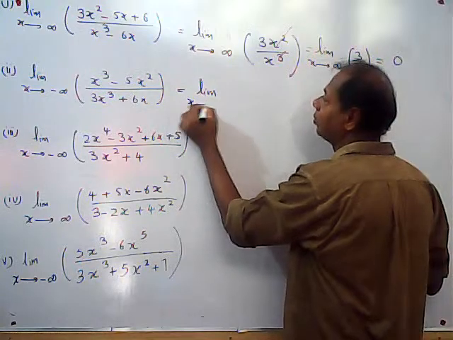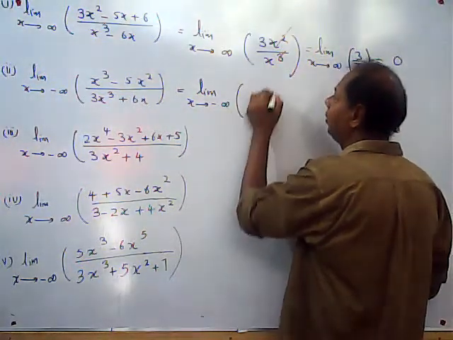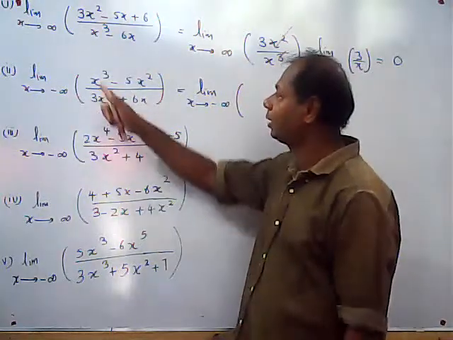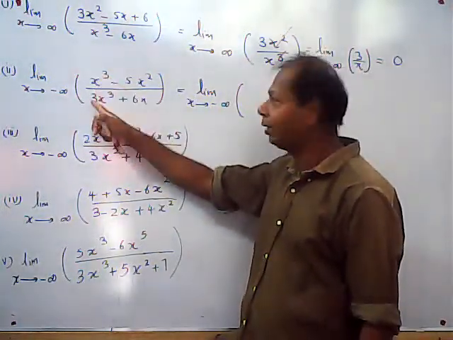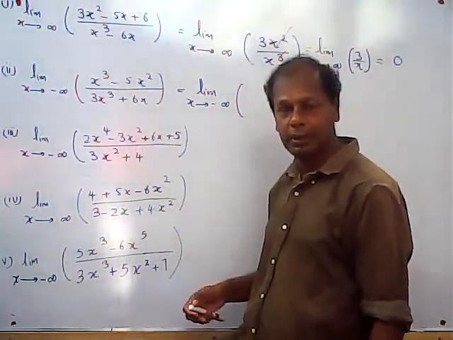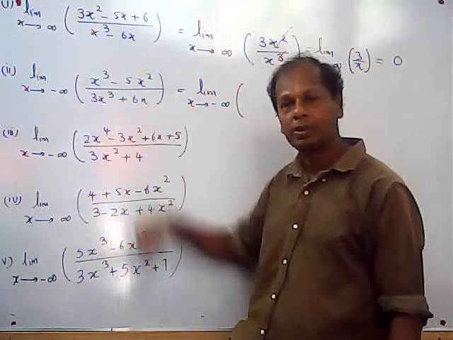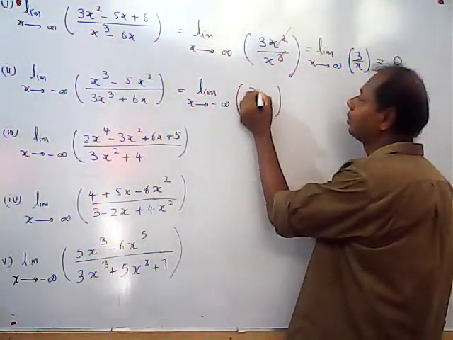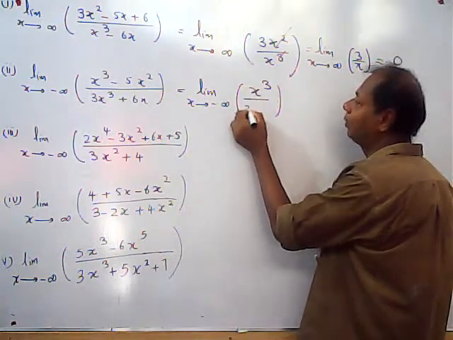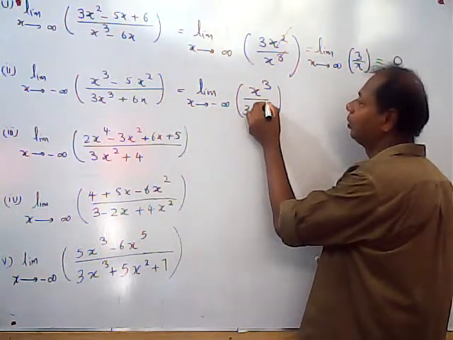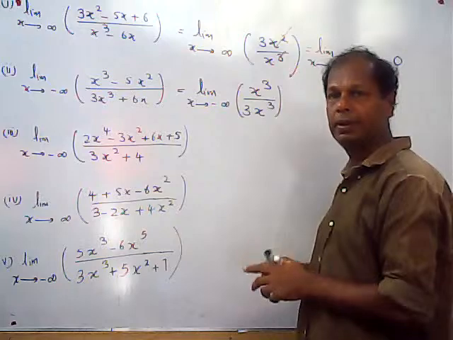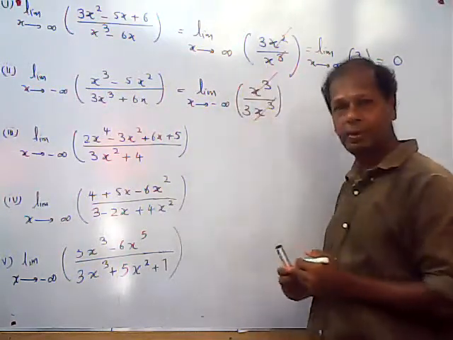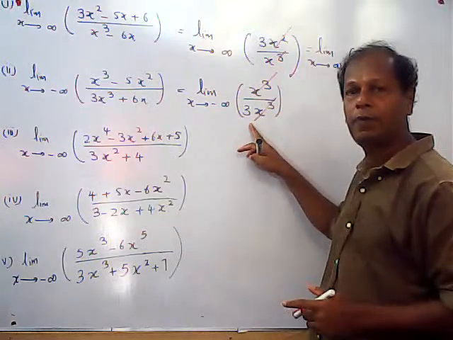Limit as x goes to negative infinity, you take the highest power terms in both the numerator and denominator, so that will be x cube over 3x cube. They are the respective highest power x terms. These x cube terms will cancel off, leaving just 1 over 3.